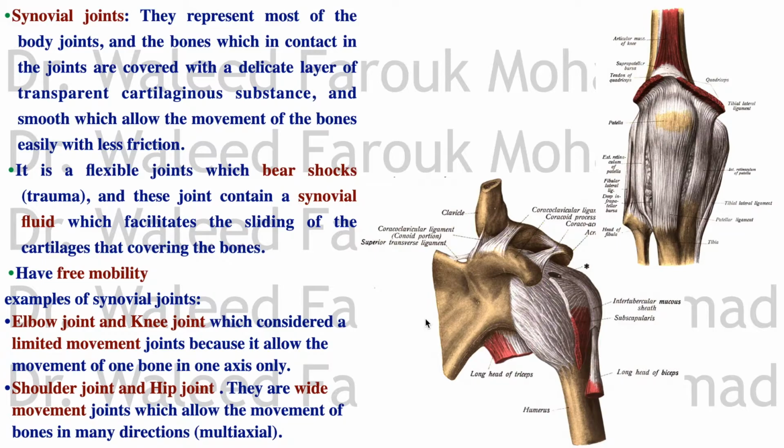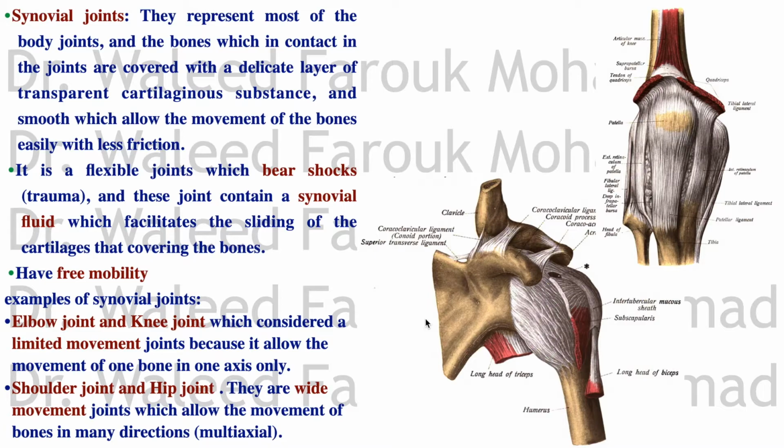Most of them are freely mobile, not all of them. And the tips of bones are covered by cartilage to prevent damage due to friction. It has a capsule from the outside like the shell of an egg, and it has a membrane called the synovial membrane that lines this shell. That's why it's called synovial, because it resembles an egg.